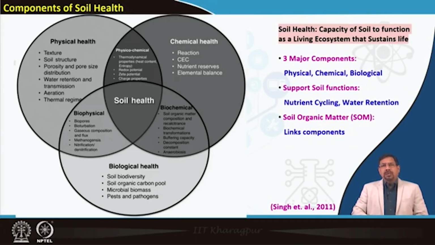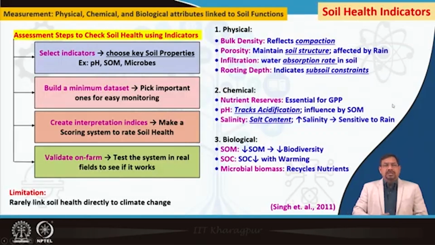Now let us move on to the next slide that talks about the measurements. Measuring the physical, chemical and biological attributes helps us in understanding the various functions of the soil.